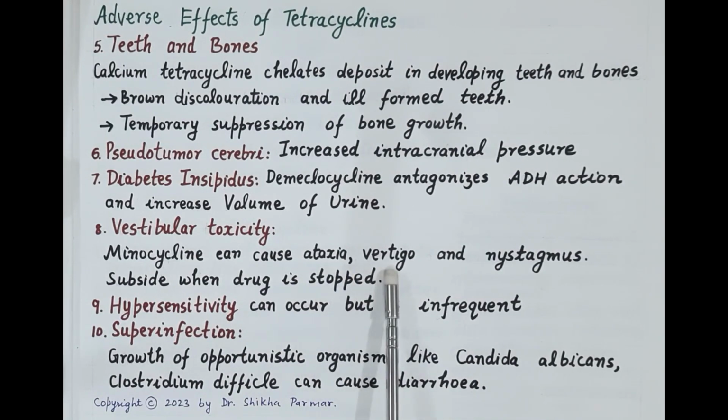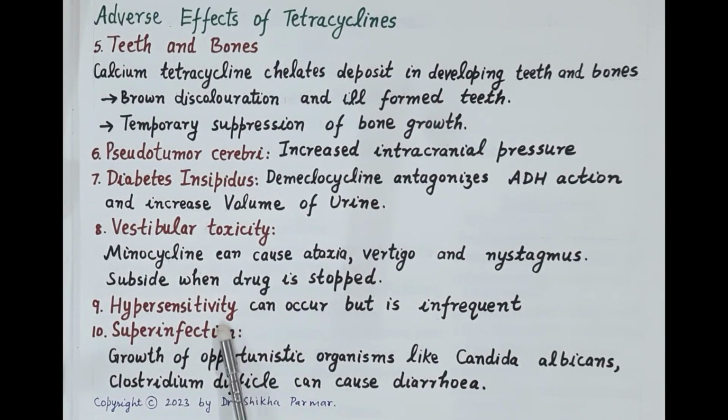Then it can result in vertigo, that is dizziness. Then nystagmus, that is rapid involuntary movements of eye. Now, very important that this vestibular toxicity subsides when the drug is stopped.